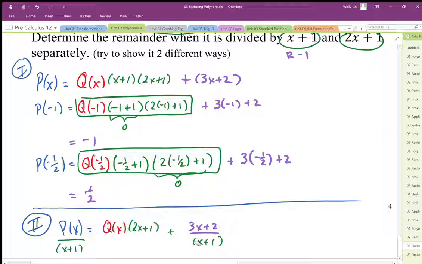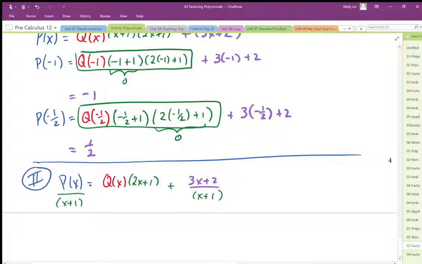So all I really want to know is what's the remainder when I divide this. To get the remainder, the answer, remember, was negative 1. I'm just going to divide x plus 1 into the 3x plus 2. When I do that, I'm going to go in there 3 times, and I'm going to have a remainder of negative 1, which is consistent with what I got that way.